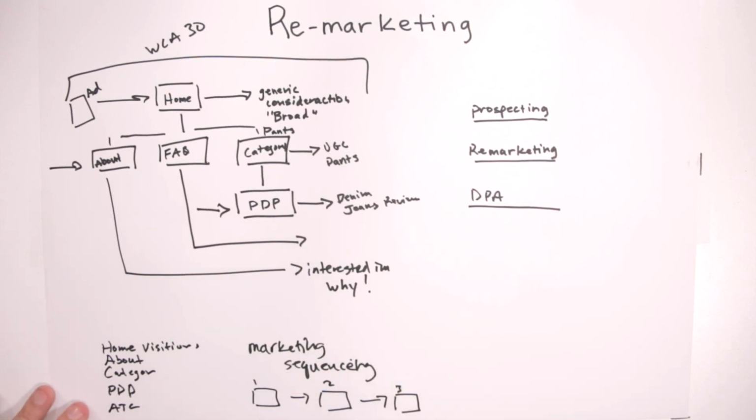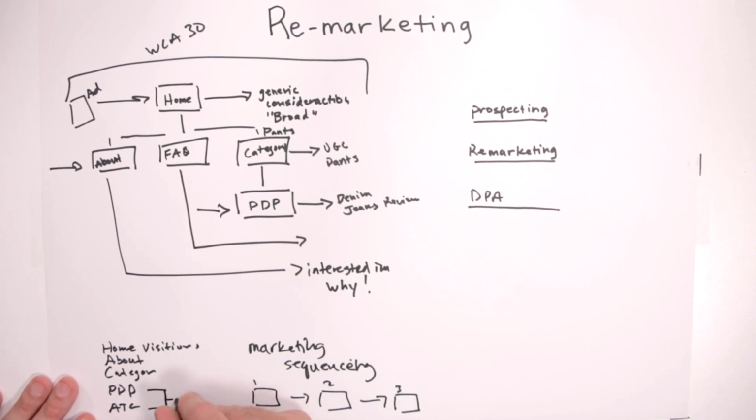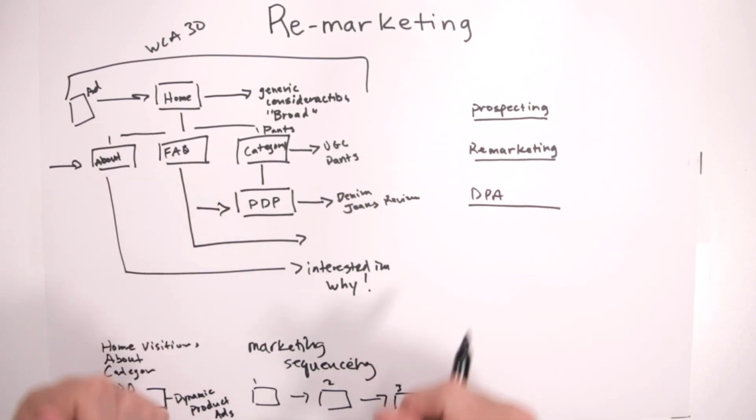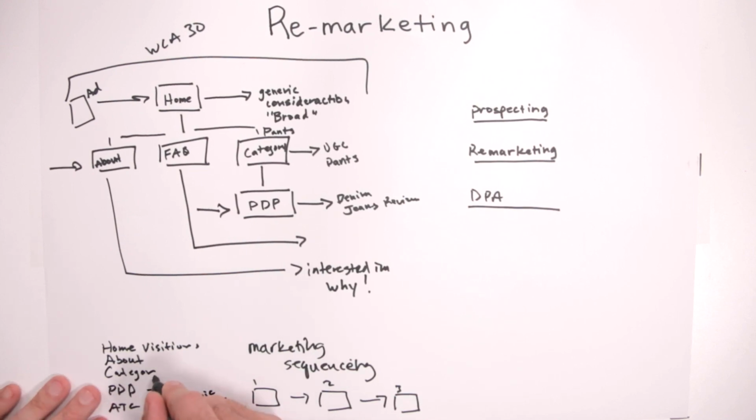One really easy hack for this is that most people on the abandoned cart and the DPA level use product feeds, right? What Facebook calls dynamic product ads, okay? So basically you allow Facebook to say anybody who has viewed content on an individual product page or added something to cart, show them ads with those specific products. Well, what I would encourage you to do is move your DPA, your dynamic product ads, up one more layer.